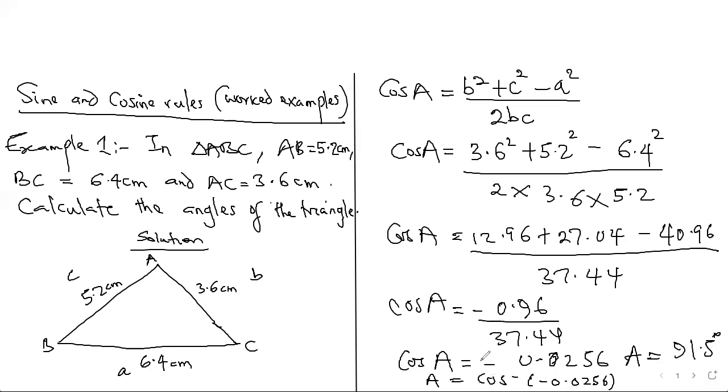Now I have the value of A, so I can calculate B using the sine rule. Why? Because now I know angle A and side a, so I know one angle and one side. If I want to calculate angle B and I know side b, I have two sides and one angle.